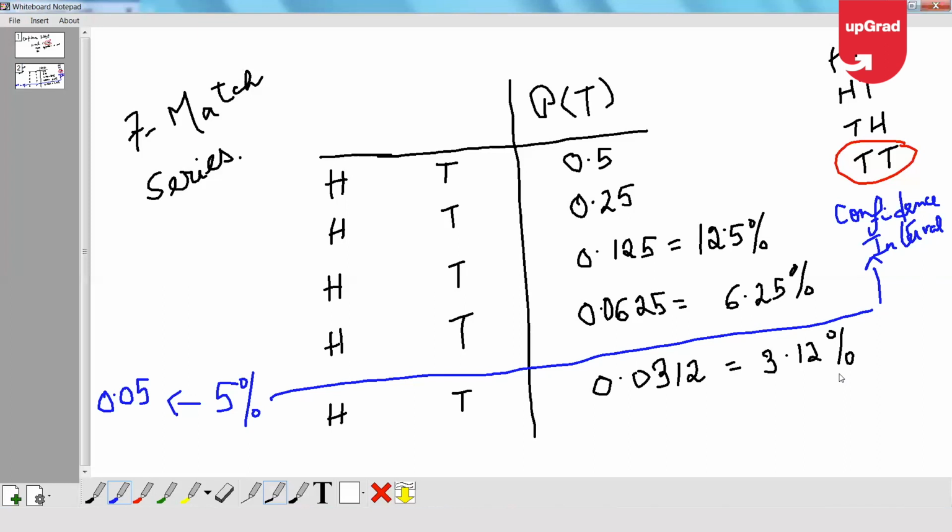Not really. In some cases, as I said before, especially for medical cases, this confidence interval is taken to be 1%, 0.01, because we are dealing with someone's life and death. So we better be 99% sure about our alternate hypothesis. But in general, we use 5%.